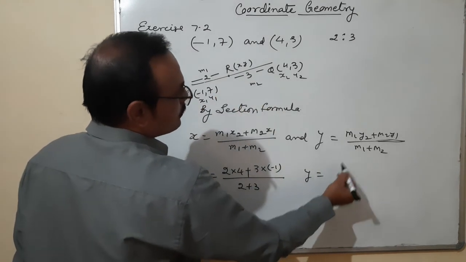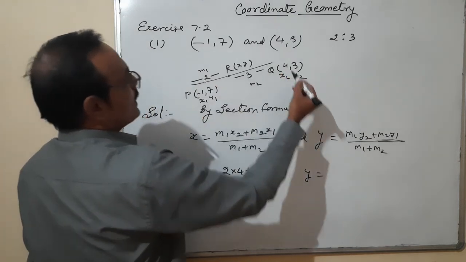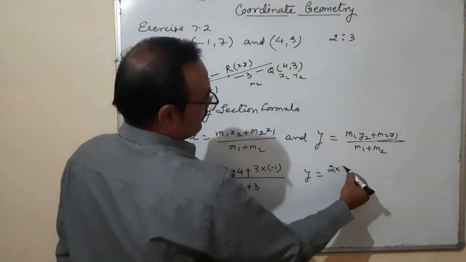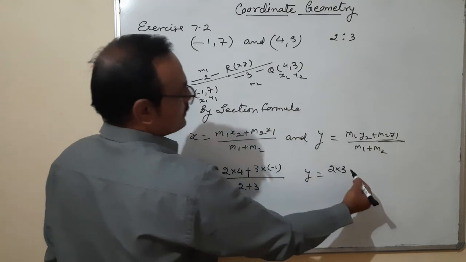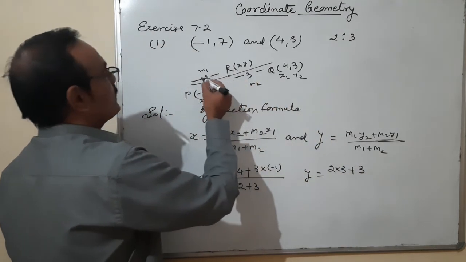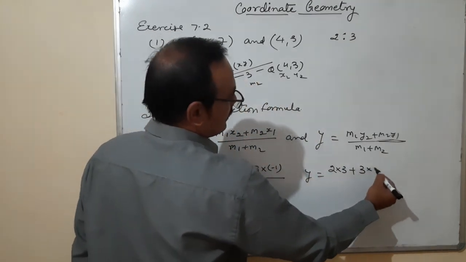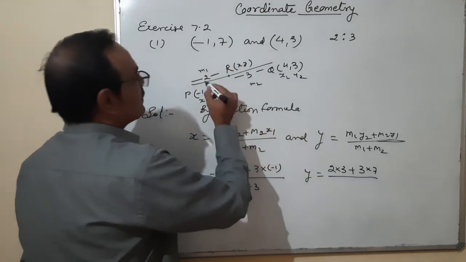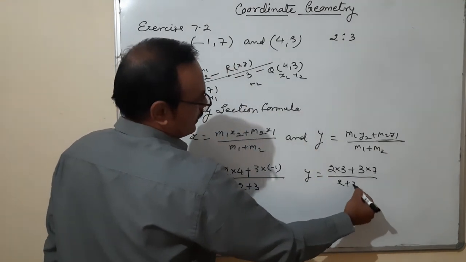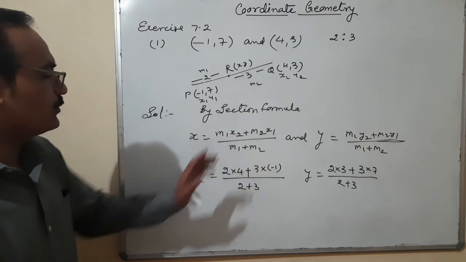And y is equal to the first ratio multiplied by the second term, plus the second ratio multiplied by 7, upon m1 plus m2, 2 plus 3. Only substitution is there in the formula.